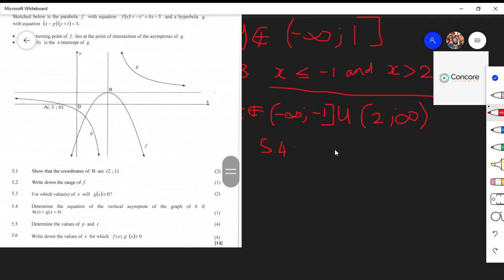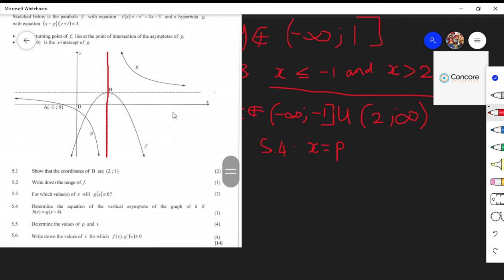Remember, the vertical asymptote is our x asymptote, which is also p. It is the one that cuts the x-axis, the one that I just highlighted in red. We need to find the vertical asymptote of h, and h is equal to our graph of g plus 4 units. So it's going to be shifted 4 units to the right, okay?